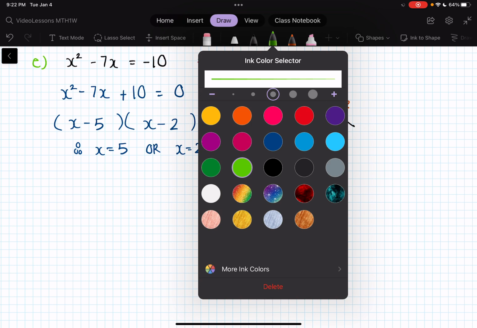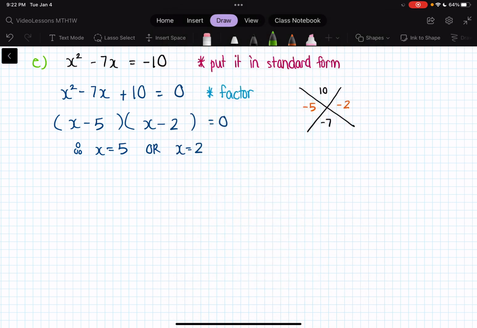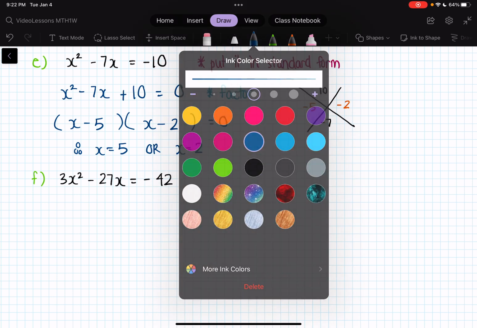All right, let's do one more example. So if we have this one here, so again, we need to put everything in standard form first.